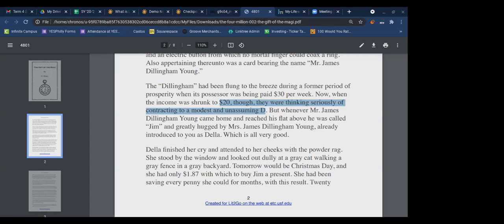He can't afford it is probably one reason, right? Because maybe he can't afford to keep all those letters on there or what it might be. Why else might he want to change it? Think about if you see that full name on the mailbox, Mr. James Dillingham Young. Think about what that might imply about the kind of vibe that gives off for the person who lives there. All right.